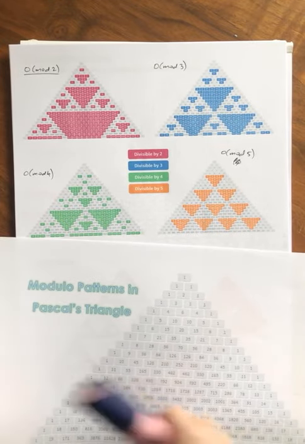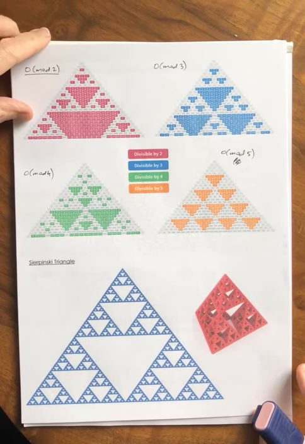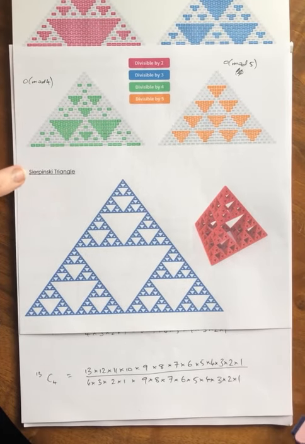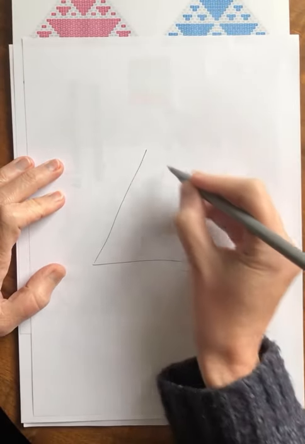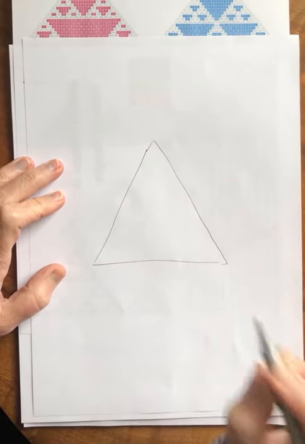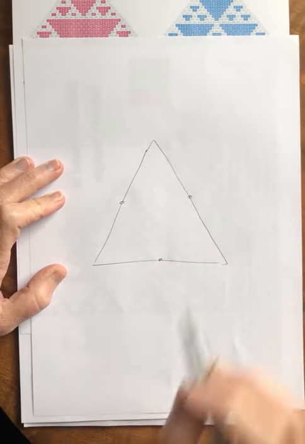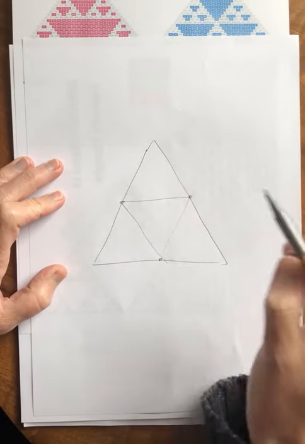The exciting thing about this is this mod 2 pattern here is a fractal called the Sierpinski triangle, after the mathematician who first discovered it. The way that it is built up, you draw an equilateral triangle, not really equilateral, but close enough. Join together those midpoints and form another equilateral triangle.